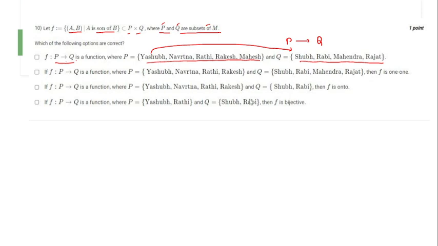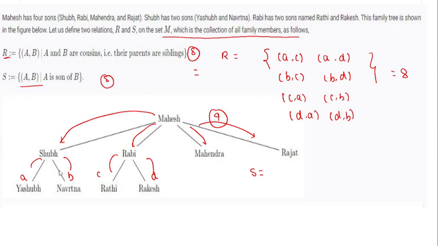So in a function this can happen, but this cannot happen. Now moving to the first option, Ysubh, Navratna, Rathi, Rakesh, Mahesh.